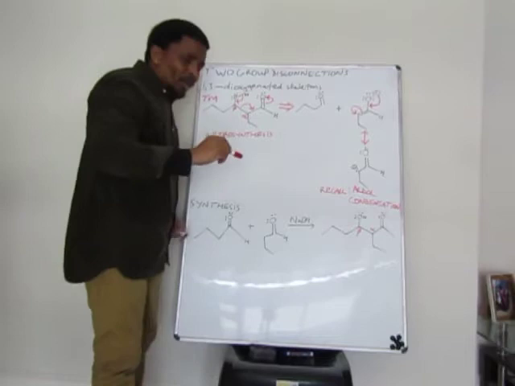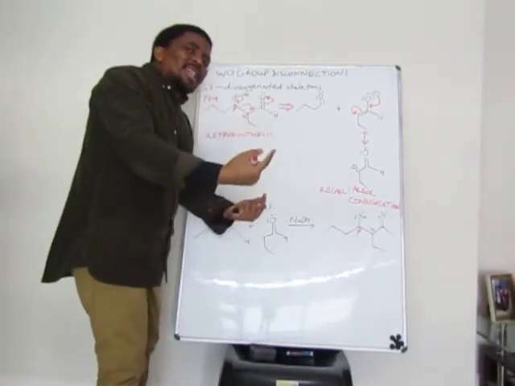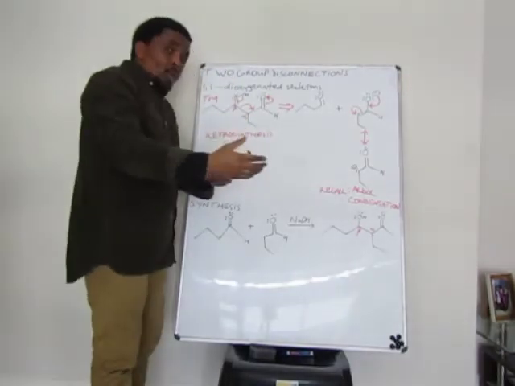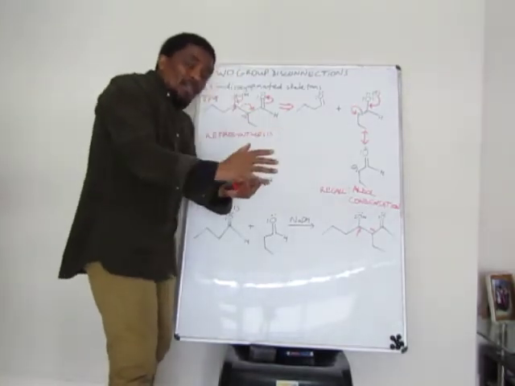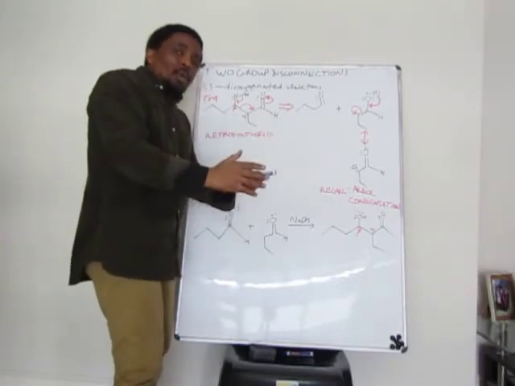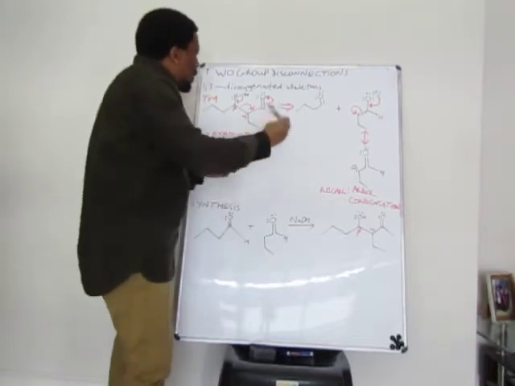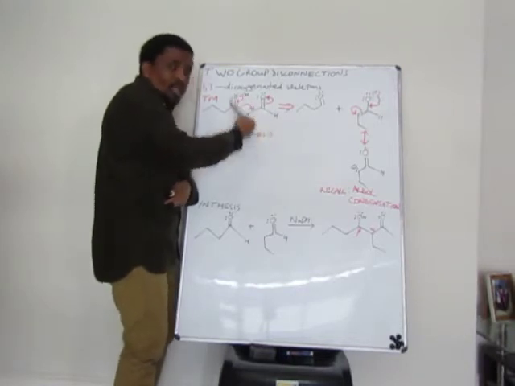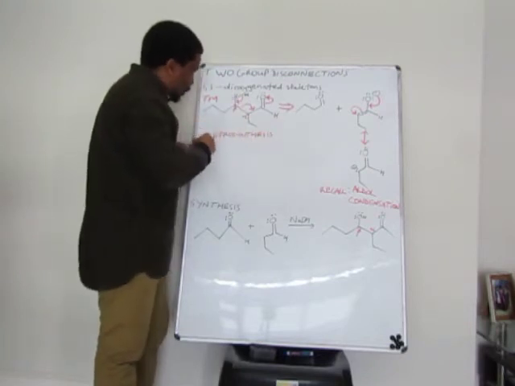Now, how do I disconnect this type of compounds, right? So this is how we do it here. You go to the bond between your alpha carbon atom and your beta carbon atom. That's where you are going to disconnect, right? So in this fashion, when you have a beta hydroxy aldehyde, a beta hydroxy carbonyl compound, this is what you do.